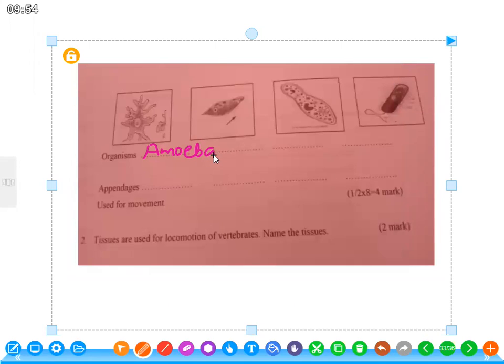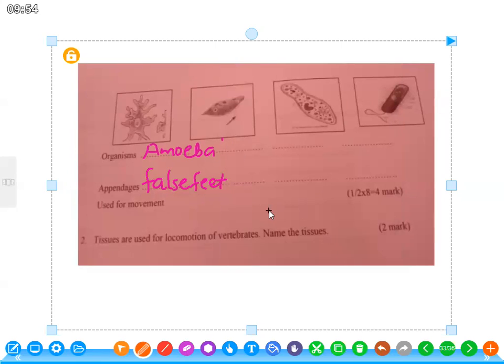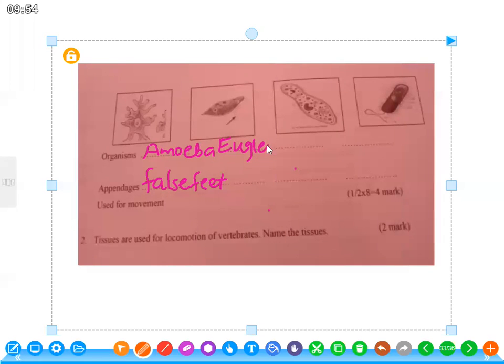Appendages used for movement: false feet. Then Euglena. Appendages used for movement: flagella.